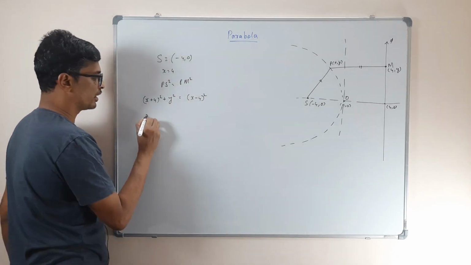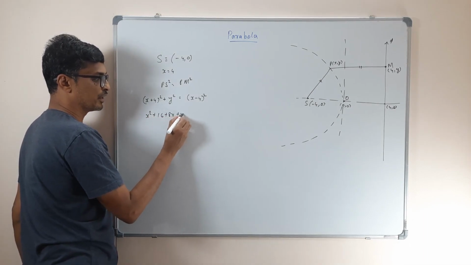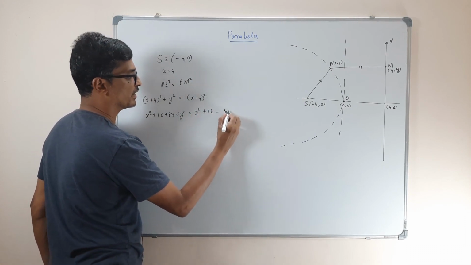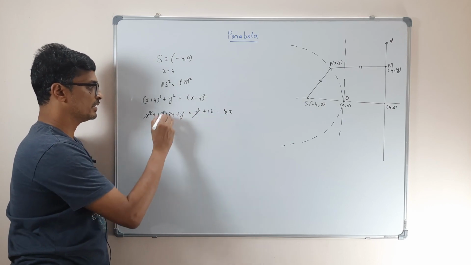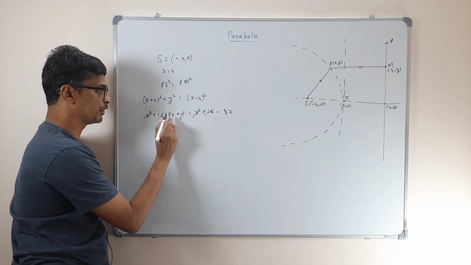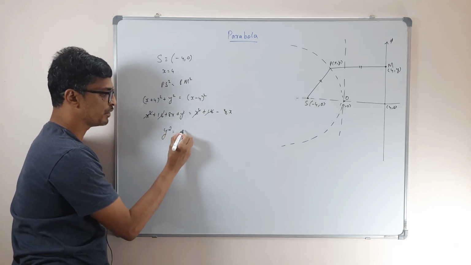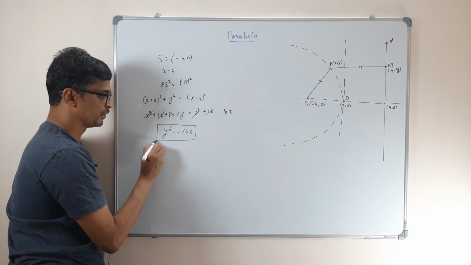So this will be x square plus 16 plus 8x plus y square equal to x square plus 16 minus 8x. Okay, so x square cancels, 16 cancels, therefore you take the 8x here, becomes minus 8x, therefore y square equal to minus 16x.